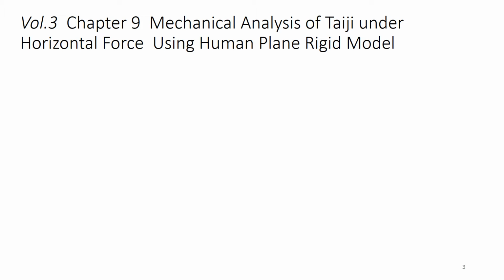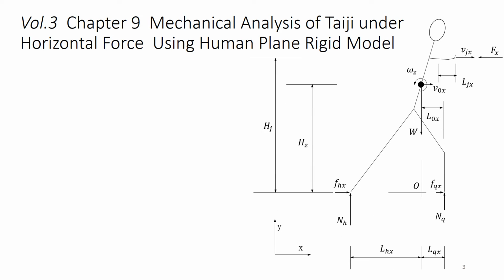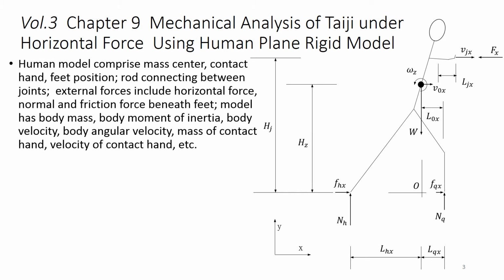Chapter 9. Mechanical Analysis of Taiji under Horizontal Force using Human Plane Rigid Model. Human model comprises mass center, contact hand, feet position, rod connecting between joints.